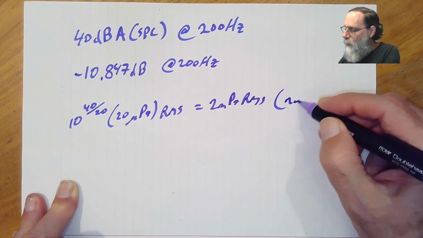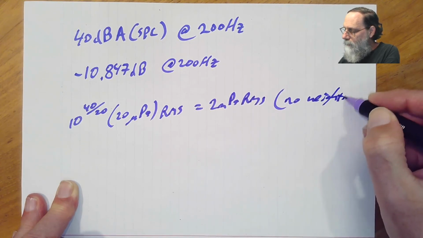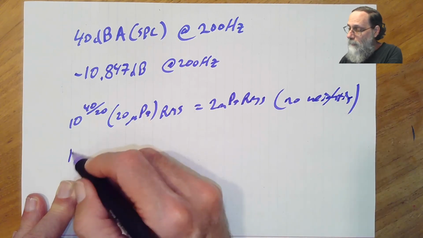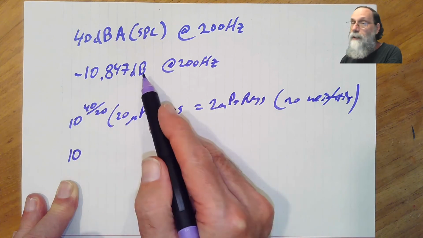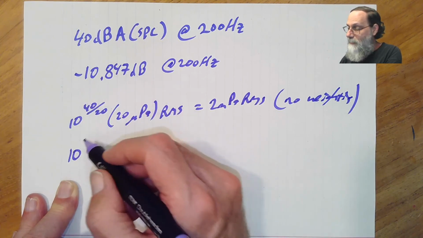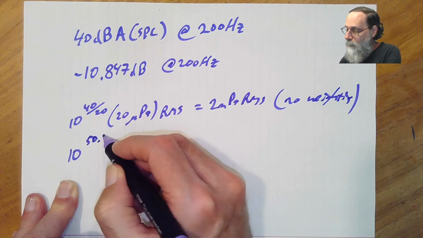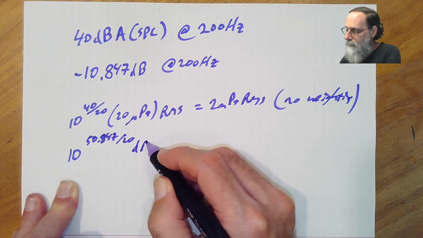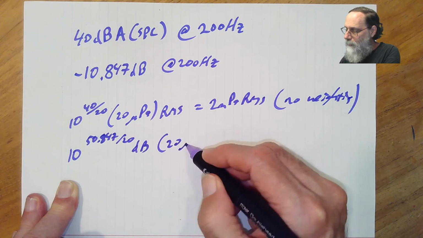That's with no weighting. But we did have a weighting here, so we have to undo this minus 10 dB, so we're going to have 10 to the 50.847 over 20, and again times the 20 micropascals.